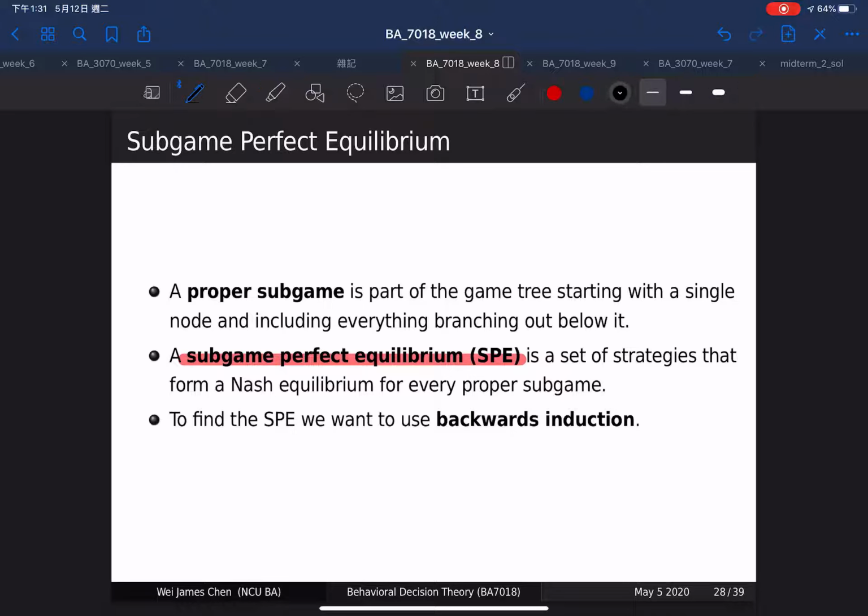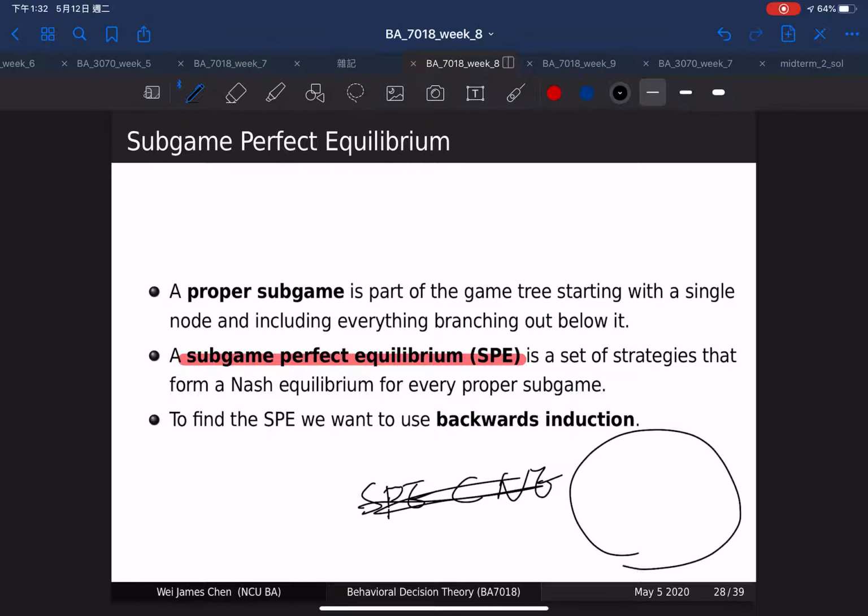So clearly, subgame perfect equilibrium is a subset of Nash equilibrium. Nash equilibrium is a bigger set. Every subgame perfect equilibrium is a Nash equilibrium, but not the other way around.